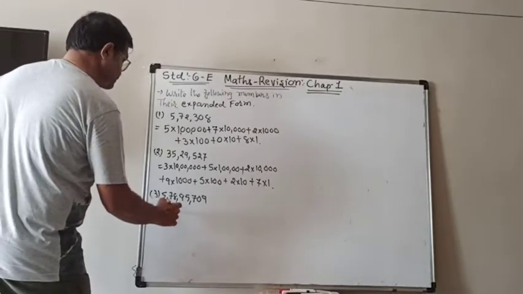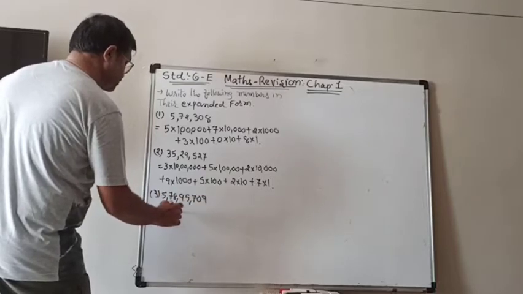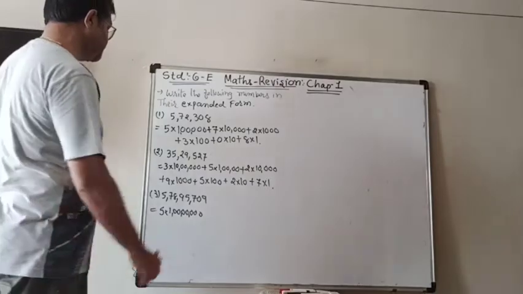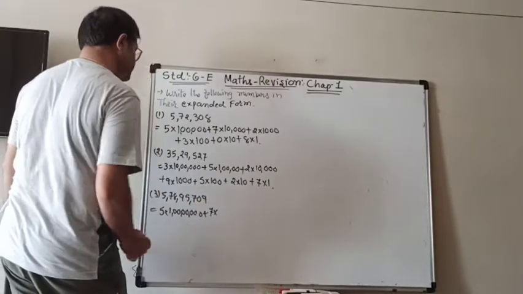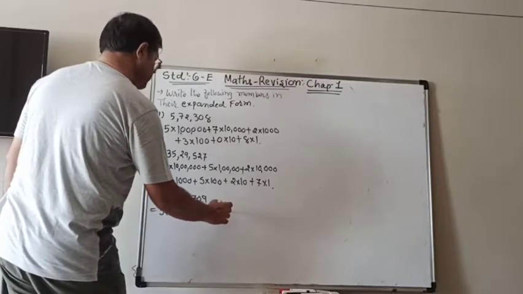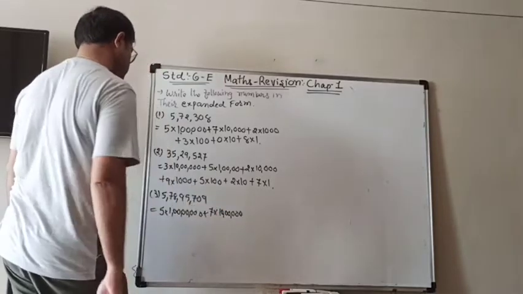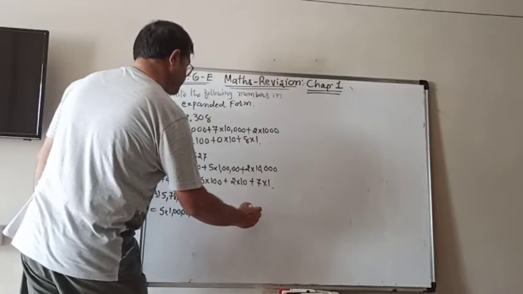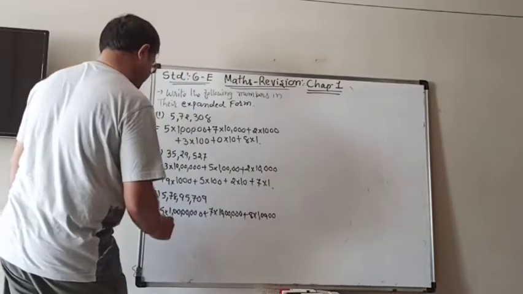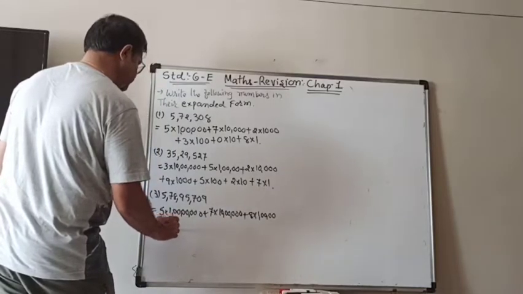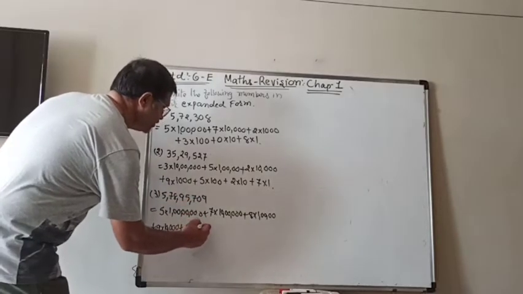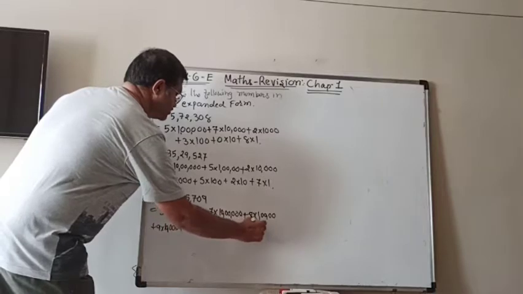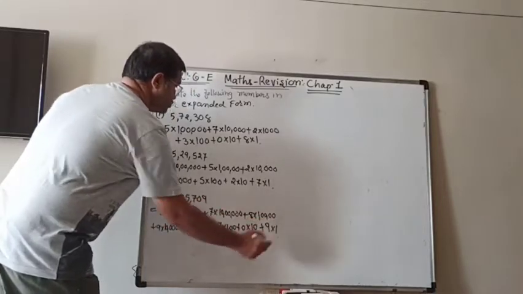So 5 into 7 zeros plus second digit is 7. 7 into 10 lakh plus 8 into lakh plus 9 into 10,000 plus 5 into 1000 plus 7 into 100, 0 into 10 plus 9 into 1.